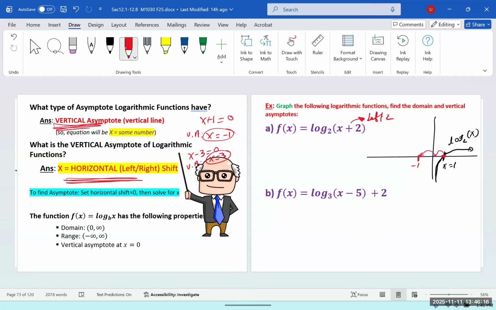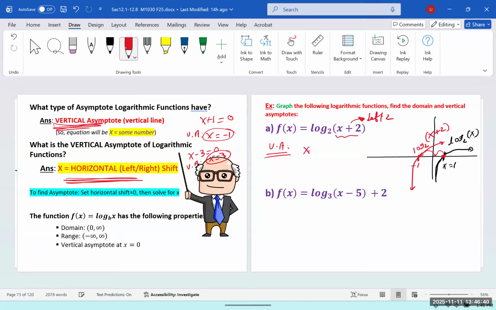And then you're going to draw your new logarithm graph, which is log base 2 of x plus 2. But it has a boundary that you cannot cross. We call it vertical asymptote. What's the vertical asymptote? -2.